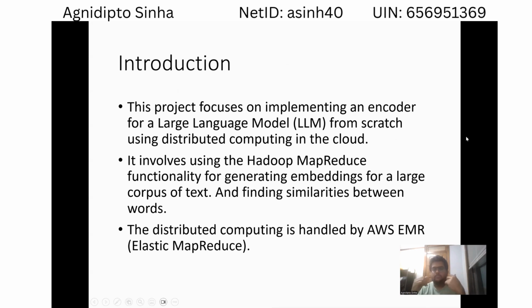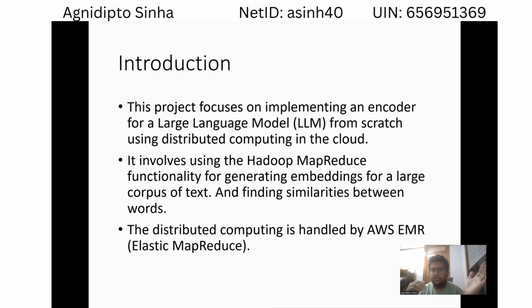So I'll just give a brief introduction about this project. This project is mainly focused on creating an LLM encoder from scratch with given data sets, using distributed computing in the cloud.